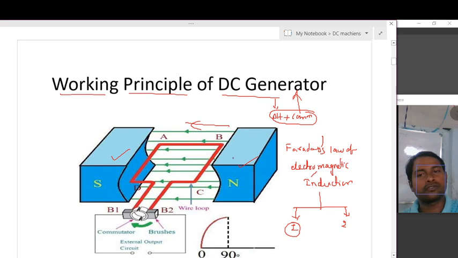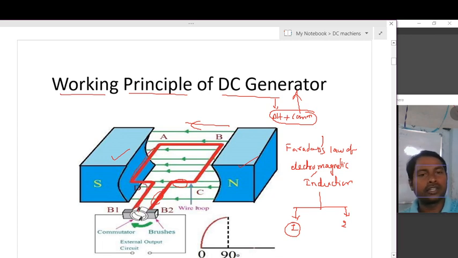This is the conductor, which is shown in the red color. So according to Faraday's first law, I am taking this as a conductor.